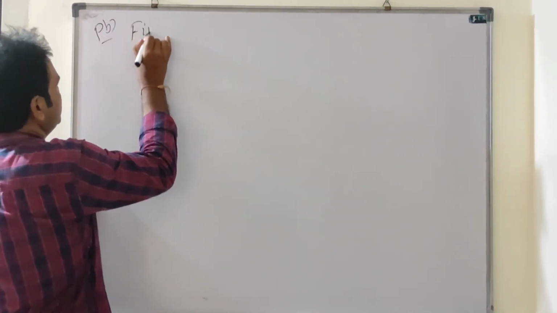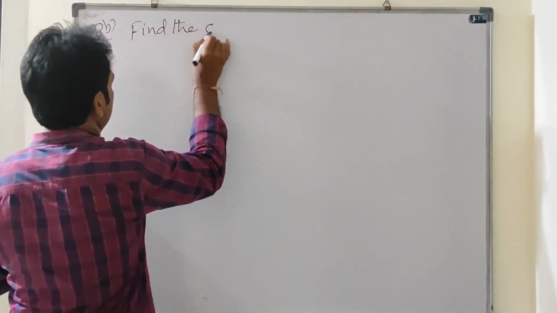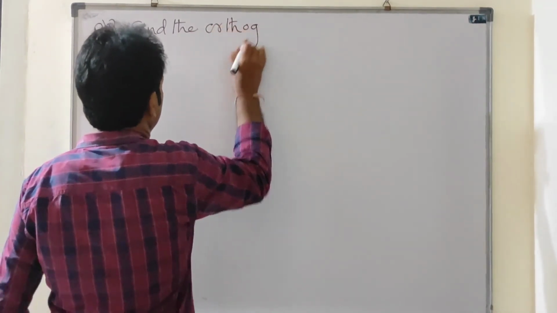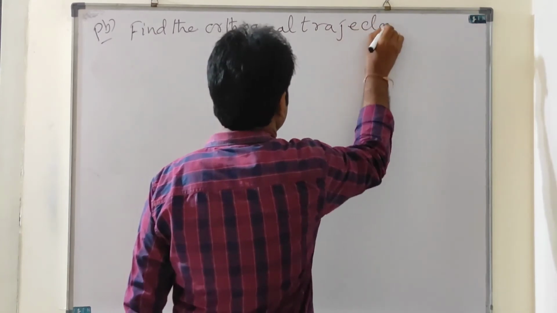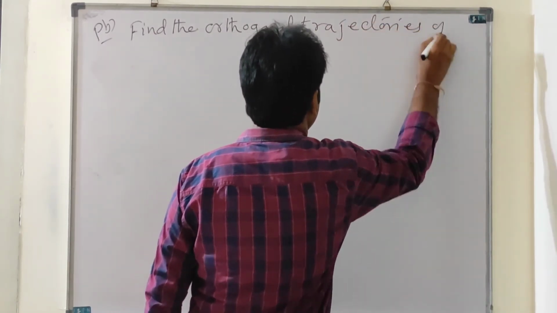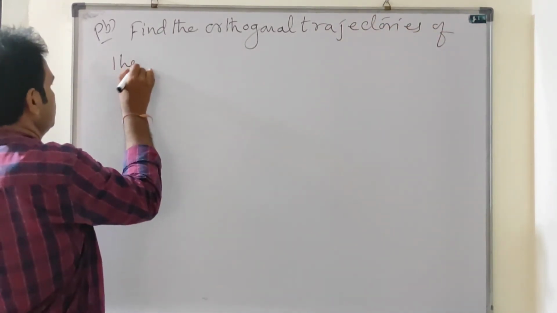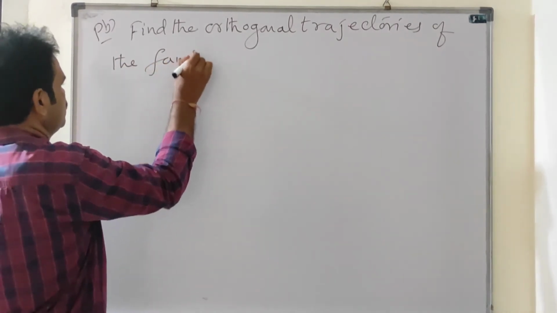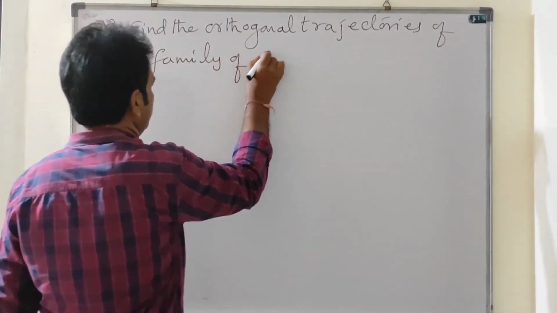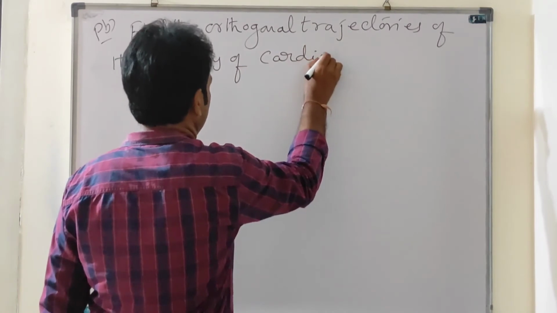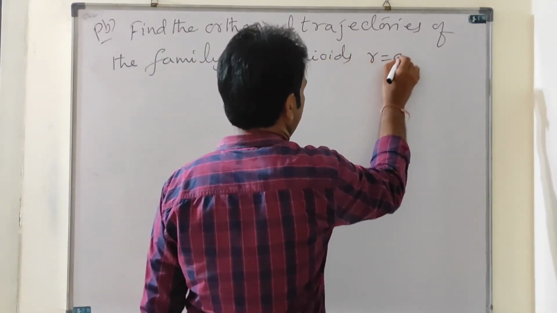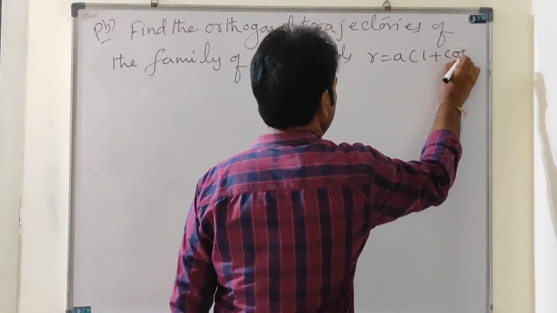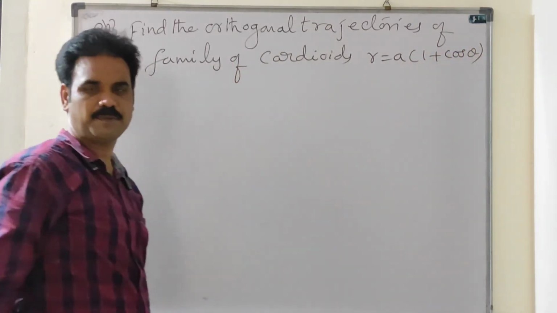Okay, see the problem? Find the orthogonal trajectories of the family of cardioids. The family of cardioids is r equal to a into 1 plus cos theta, where a is parameter.